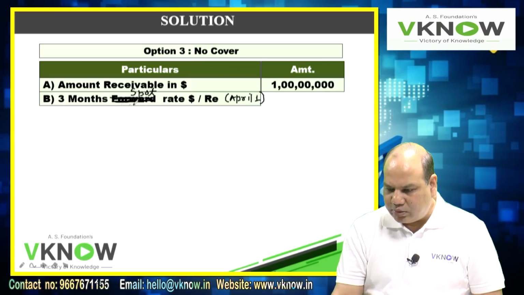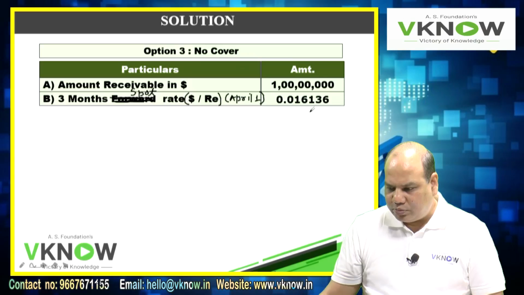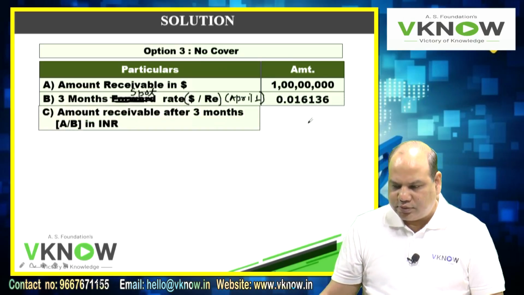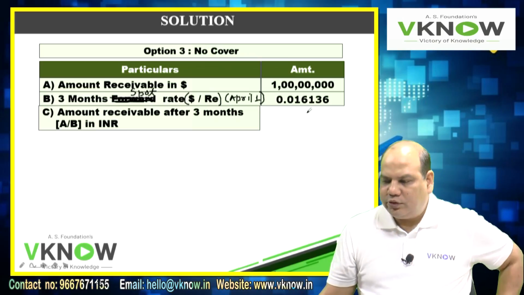Then write down 3-month spot rate, or you can write spot rate after 3 months, that is 1st April, and in bracket dollar per rupees, is 0.016136.